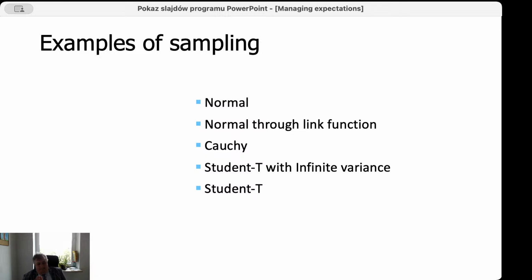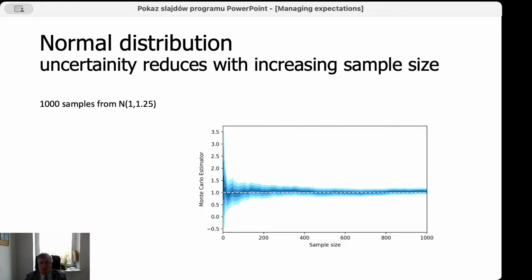So we will now see a few examples of how sampling works depending on what kind of distribution we are using, and we will see how our statistics of interest behave during that sampling. Because we need to understand that when we are able to generate samples, we can get a lot of information about the considered distribution.